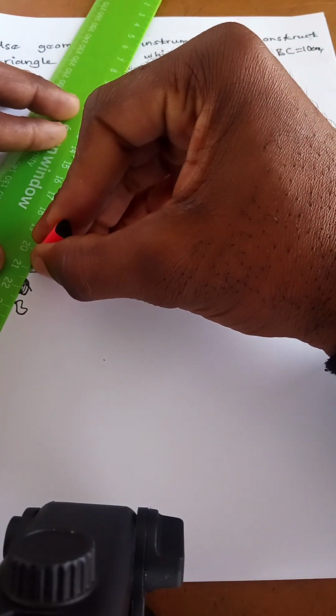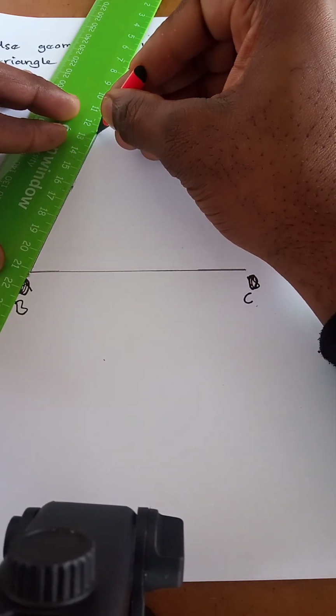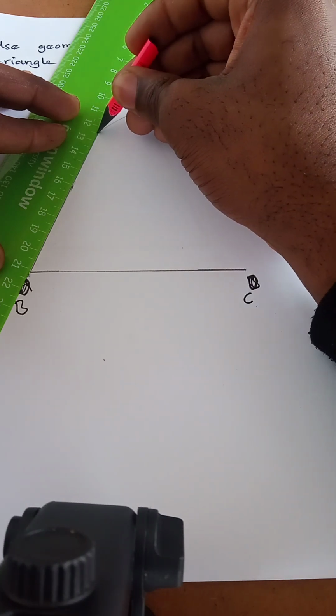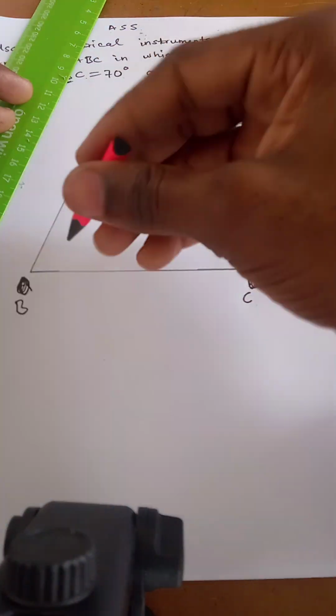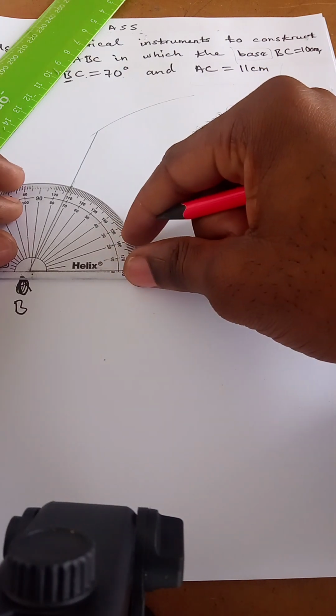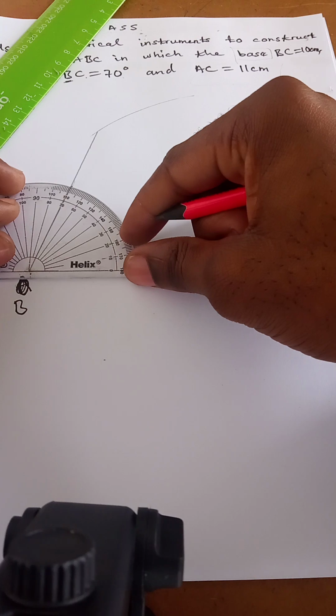Then you can draw your line like this. Make sure it is just touching the arc without crossing it, like that. So now this angle here is 70 degrees. Yes, this is 70 degrees.